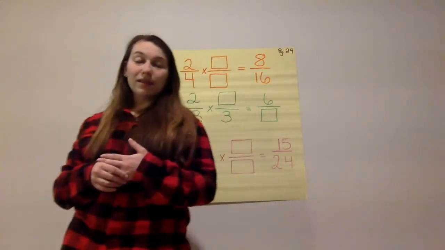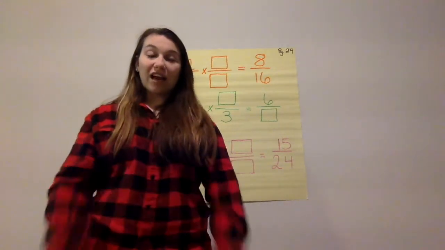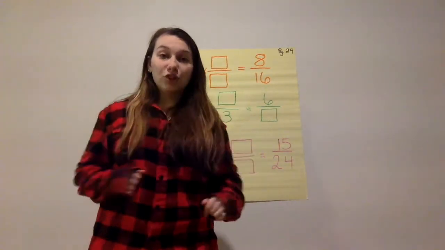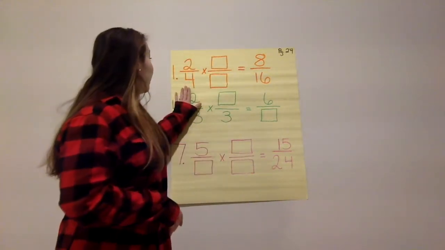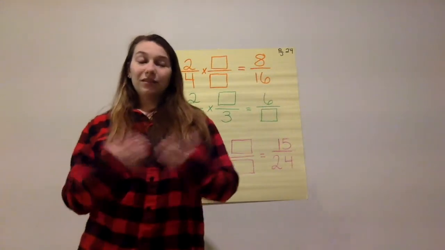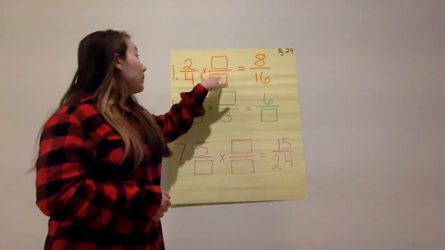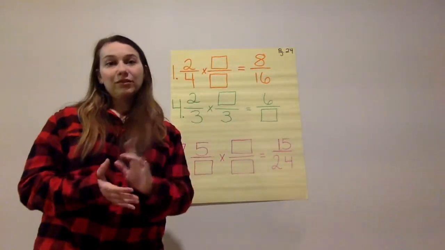So I hope some of the things you might have been thinking about was that equivalent fractions are fractions that are equal to one another, okay? So 2/4 equals 8/16. But we just have to figure out what we multiply by to get this equivalent fraction, okay?